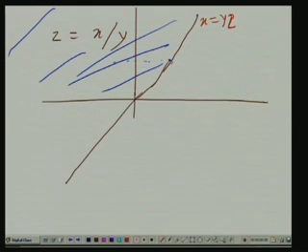On this line, x and y are such that x by y is equal to capital Z, but as you go to the left, entering this shaded area, the x by y ratio will definitely have a value less than capital Z. So when y is positive, I have no problem. I simply take this zone.